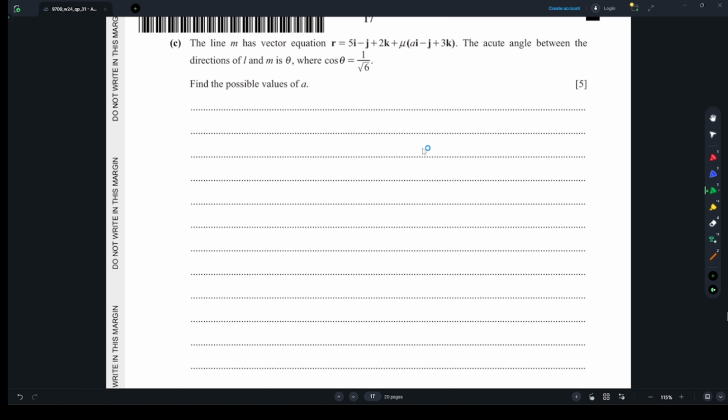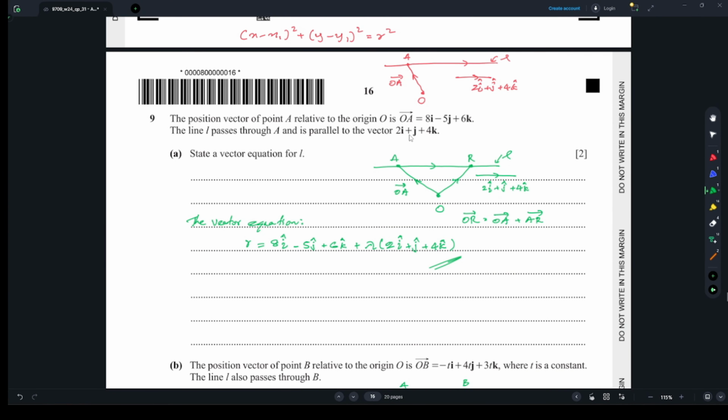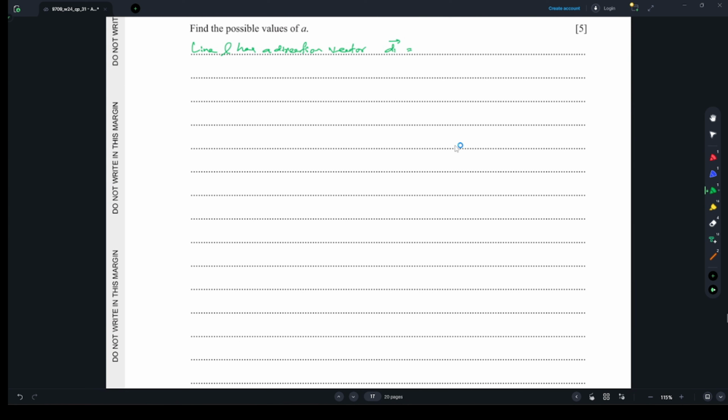Okay, so let's see. Line L has a direction vector, which is our first vector, right? Let's say d1 equals, we had that as this one, 2i plus j plus 4k.